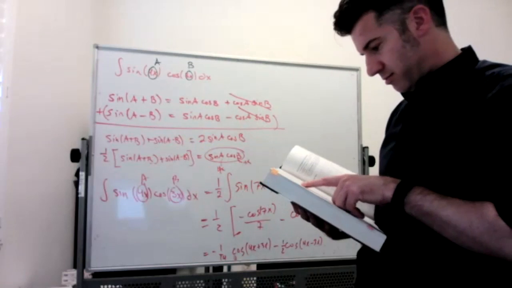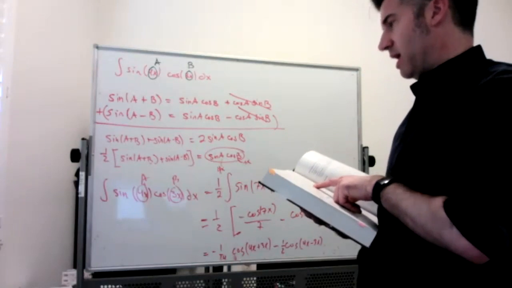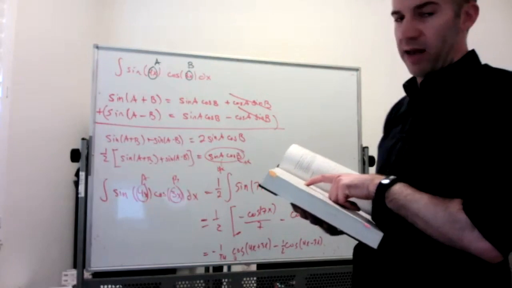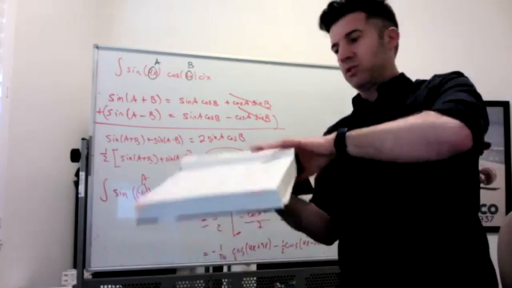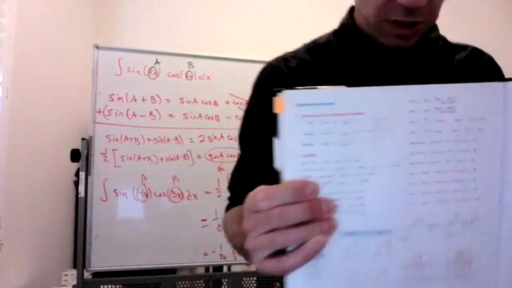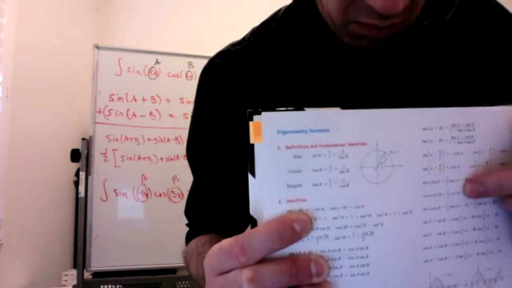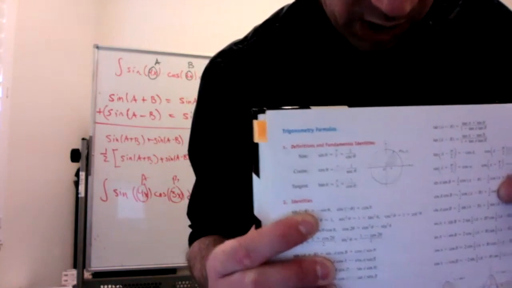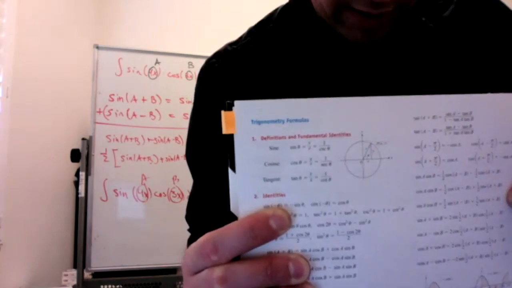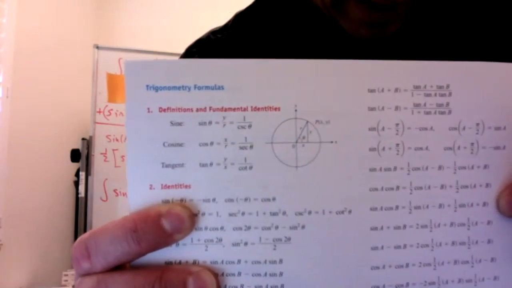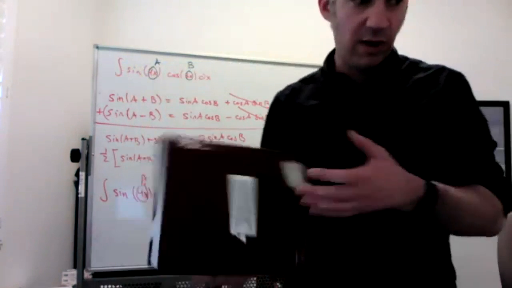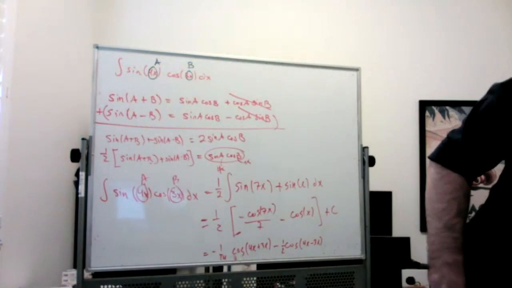It's exactly 1/2 sine of A plus B plus 1/2 sine of A minus B. Right over somewhere over here. I know that's really kind of grainy, but you guys can kind of see it right there. So it's definitely in the back of your book if you're looking for it.